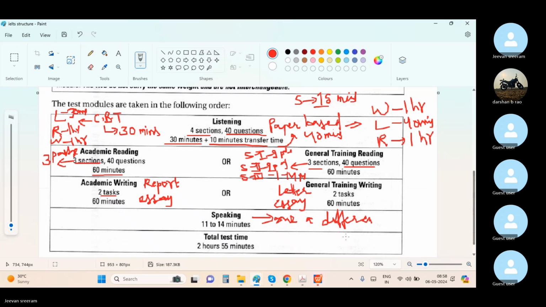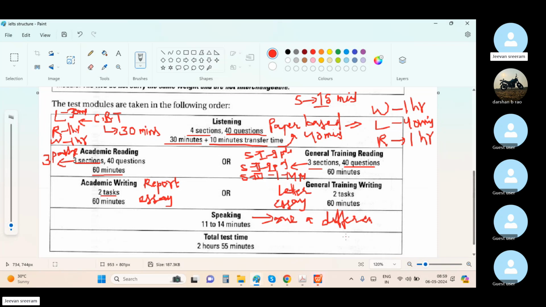So these days, for the computer-based test, most of the students are able to give the speaking test also on the same day. If the LRW computer-based test is conducted in the morning session, that's how the student booked, the speaking is going to be in the afternoon session.